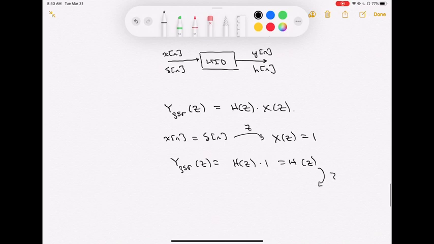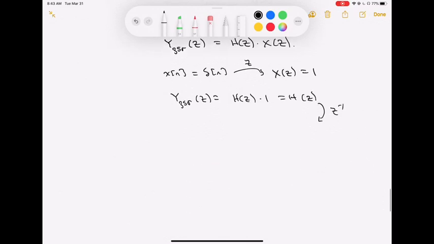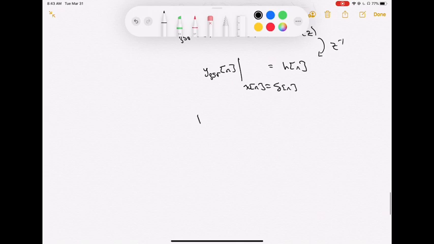And if I inverse z transform that, we find that the zero state response of n, when the input is a delta function, is indeed equal to that unit impulse response h of n, as we expected. We know that h of n and H of z, the unit impulse response and the transfer function, are a z transform pair. Nice.